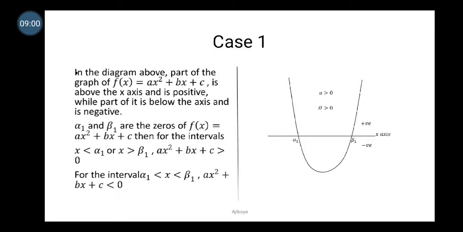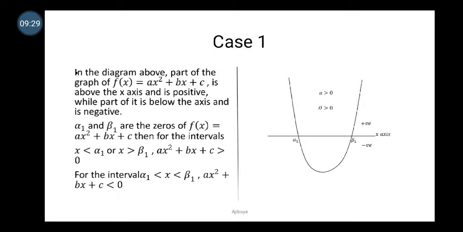On the other hand, you can be asked to find where the relation is negative, ax squared plus bx plus c less than 0. You will see that those values between alpha 1 and beta 1 would have the relation to be negative. That is, the graph will be below the x-axis, and because the graph is below the axis, the relation is considered to be negative.